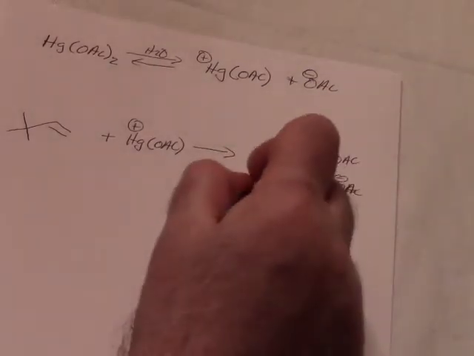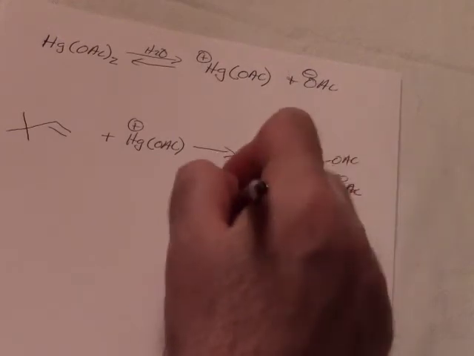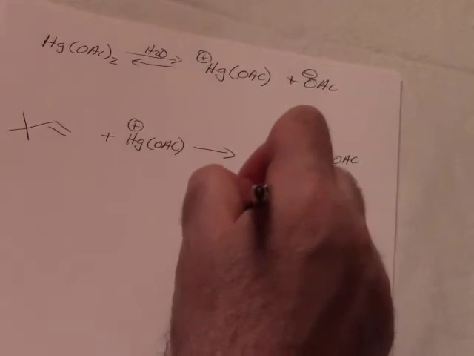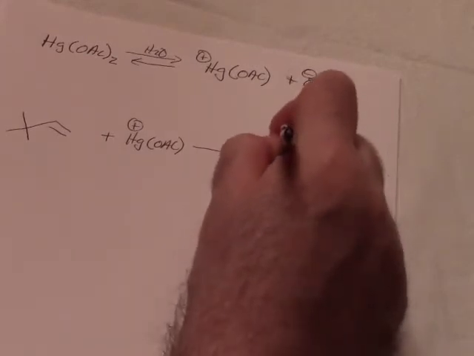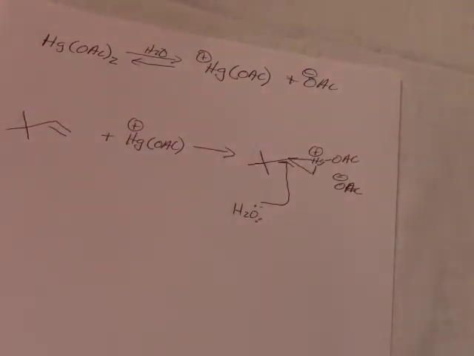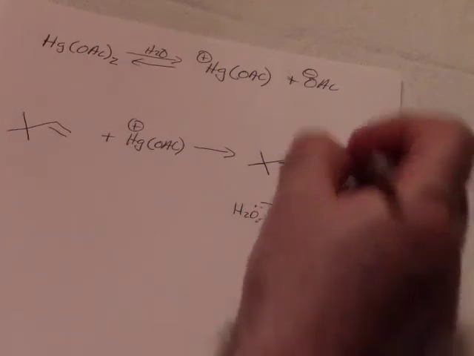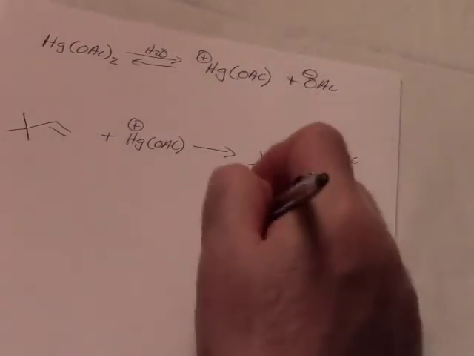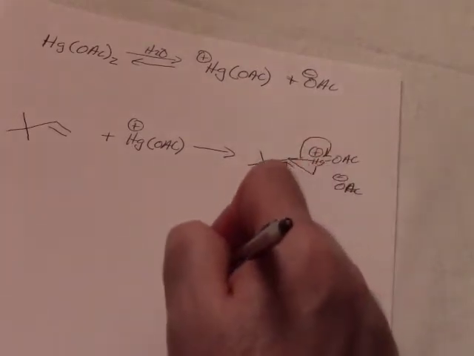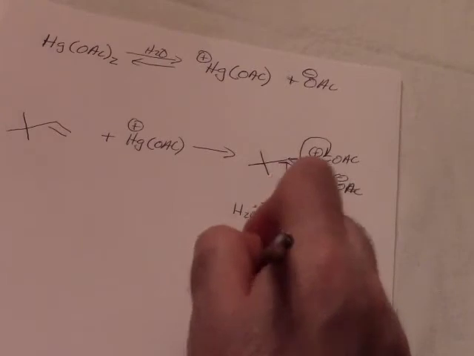And so this bond being longer than this bond means that this bond is weaker, and so now when water comes in and attacks to form the alcohol, it's going to attack the most substituted carbon, which seems counterintuitive, but the reason it does it is because this is the weakest bond. And so those electrons then go onto the mercury atom. You end up generating the OH here.